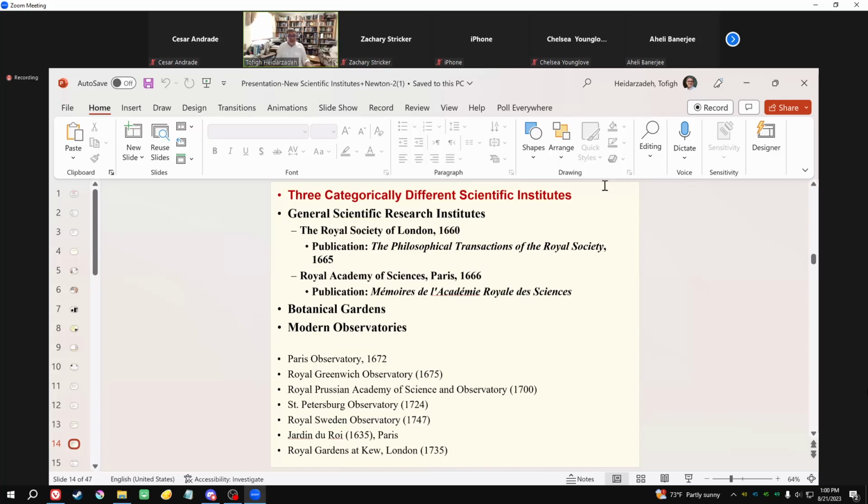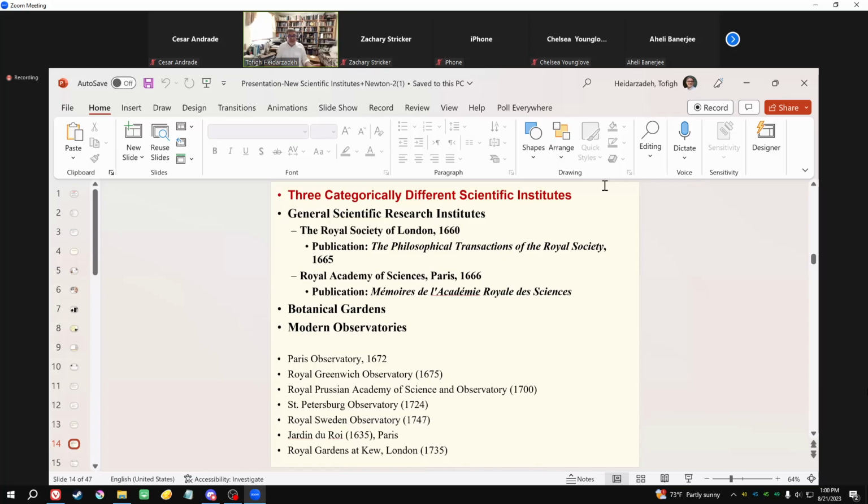The second institute was established in Paris, the Royal Academy of Sciences, and they started the publication of their own journal, the Mémoires de l'Académie Royale des Sciences, or the Memoirs of the Royal Academy of Sciences. This Royal Academy actually was created by the government.